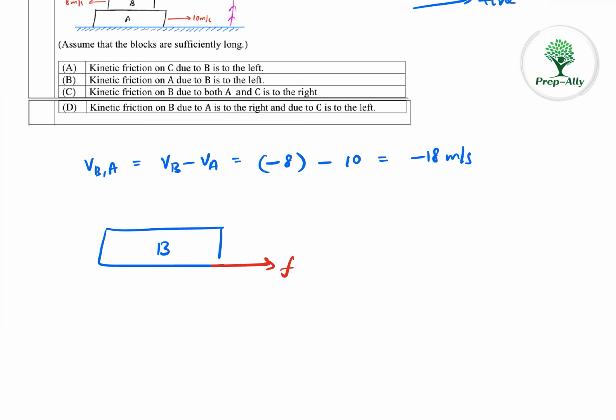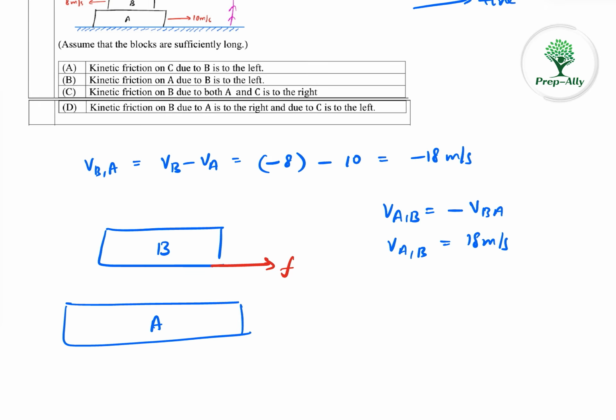Consequently, you can also say that VAB is going to be minus of VBA, which is 18 meter per second. So as observed by B, A has a tendency to move to the right side. So let us also draw A here. A has tendency to move like this. So to prevent that, B will exert friction on A in the opposite direction. That's how we get the frictions between A and B.